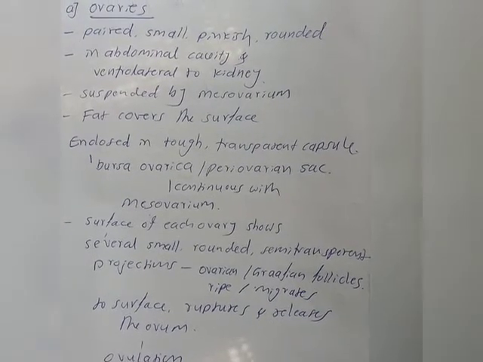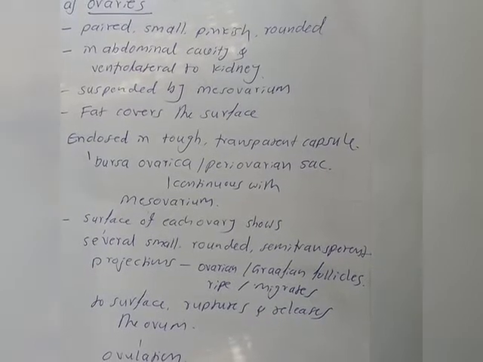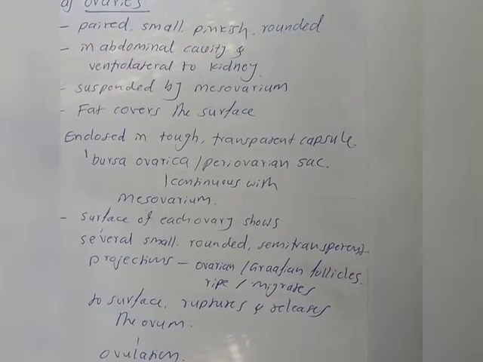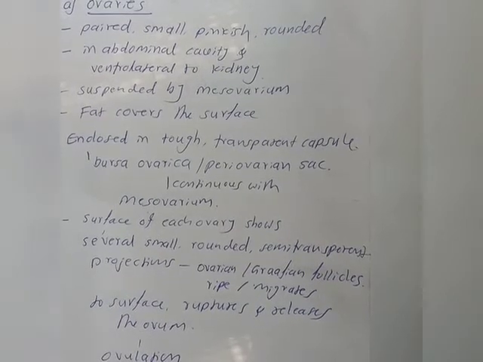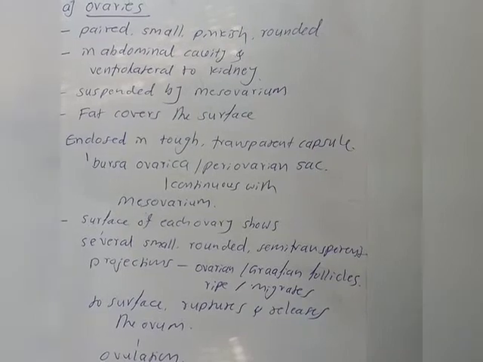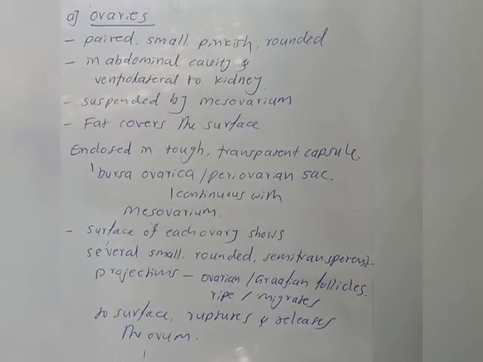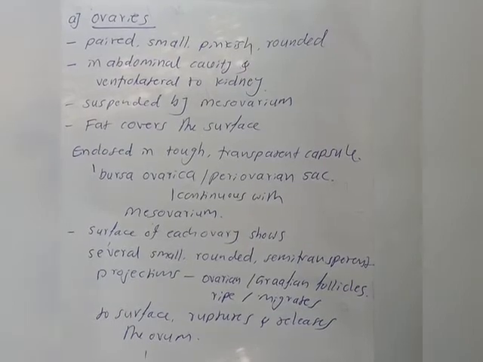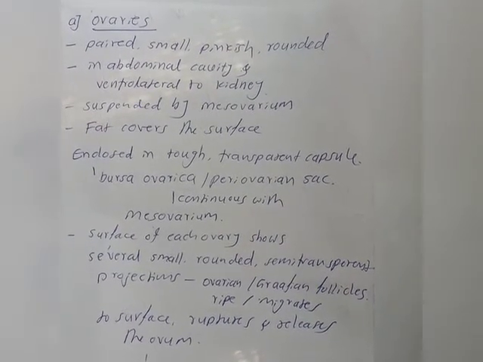Each ovary is suspended in the abdomen by a broad fold of peritoneum called mesovarium. जी त्या ओव्हरीच्या वरचं कवरिंग आहे त्याला म्हणायचं मेसोव्हेरियम. Fat often covers the surface of the ovary. ओव्हरीच्या वरती कोण कवर केलेला आहे? That is the fat.